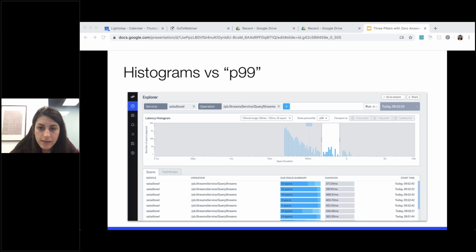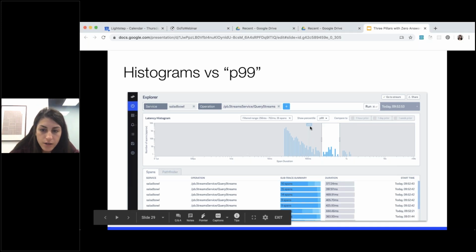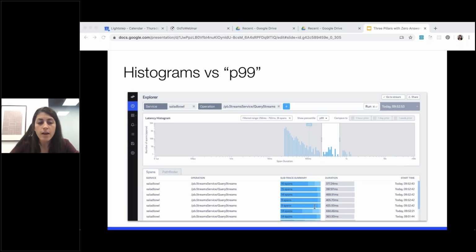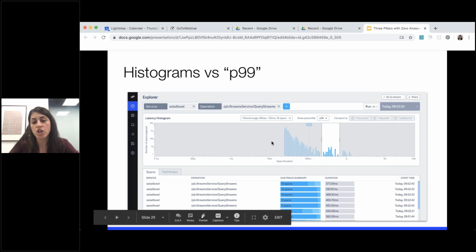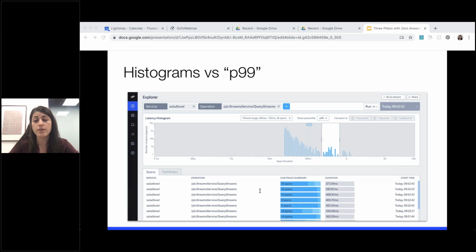You can see that there is a P99 labeled here on the histogram, and it's useful to know where the P99 is, but it's much more useful to understand the shape of this distribution. Histograms are really a great way to refine latency because you can observe different multimodal behaviors, and a software engineer can pick out specific modes, select them, and reduce the analysis to the mode that they're concerned with.